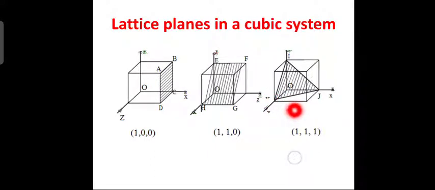Now, the third plane is 1 1 1, that means it will intersect the x axis at unit distance, the y axis at unit distance as well as the z axis at unit distance. So, it is of somewhat triangular shape like this. So, this is another plane. It is represented symbolically as 1 1 1, that means unit intersection along the x axis, the y axis and then the z axis.